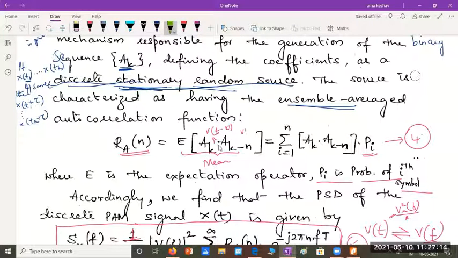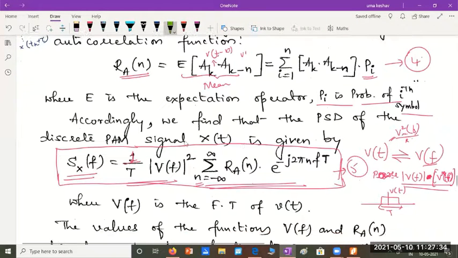Whenever I have continuous values, I use an integral. Since this is an expectation or mean function of discrete values, you should use the summation over i equal to 1 to N of a_k times a_(k-n) times probability P_i, where P_i represents the probability of occurrence of the ith symbol.